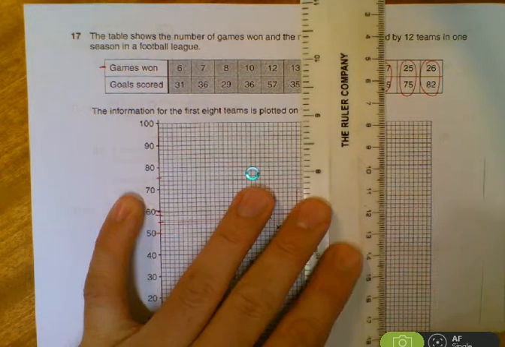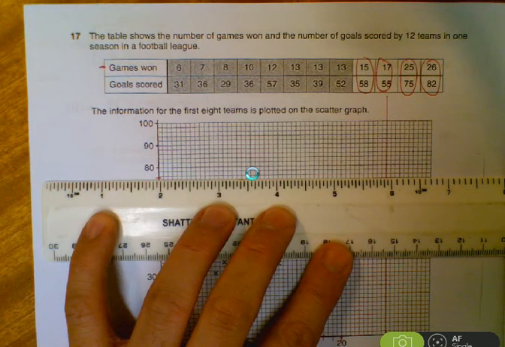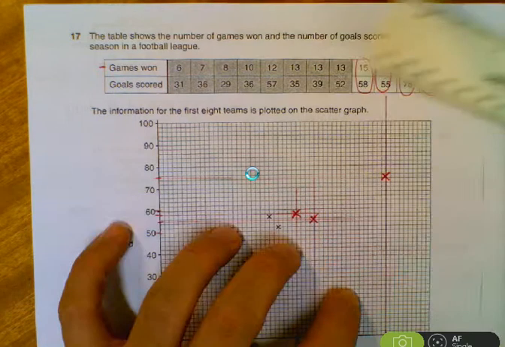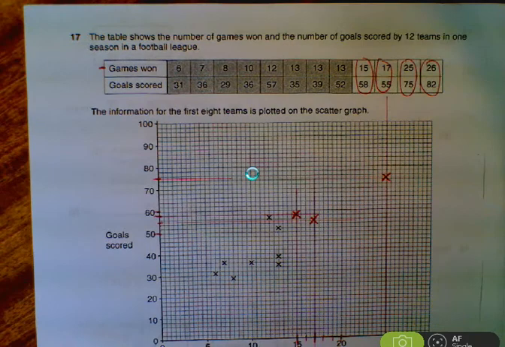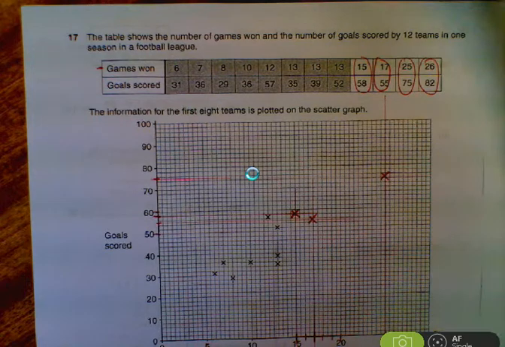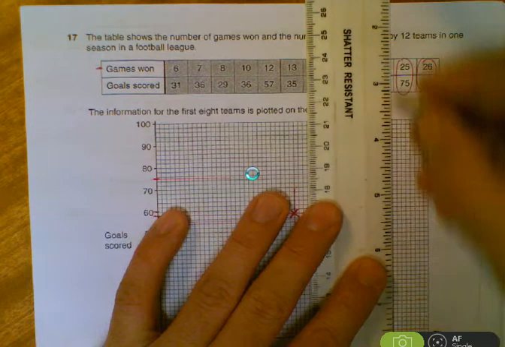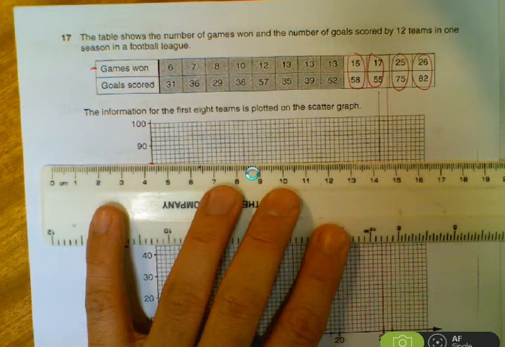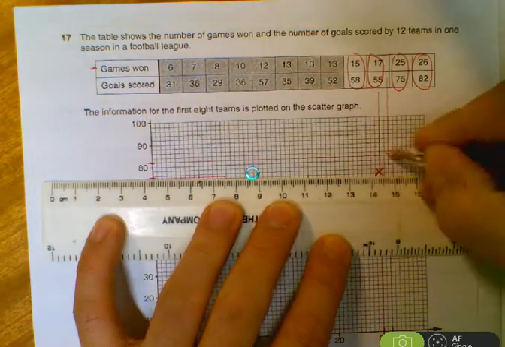So a faint line up here, and a faint line there across half the square, put a cross in, and finally 26, and remember we said that 2 squares represented 1 game, so I'll do a faint line up from 26, and 82 will be here, put a cross in there.